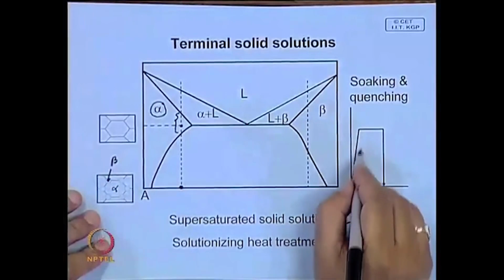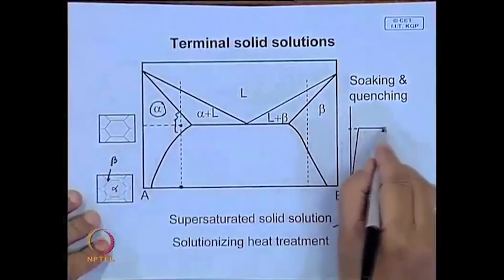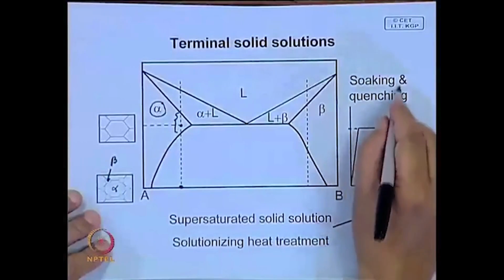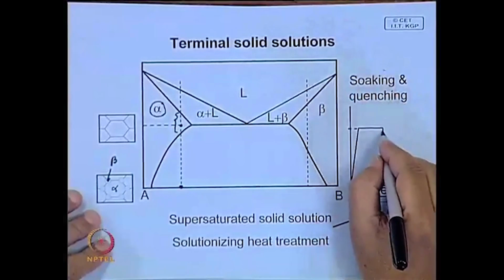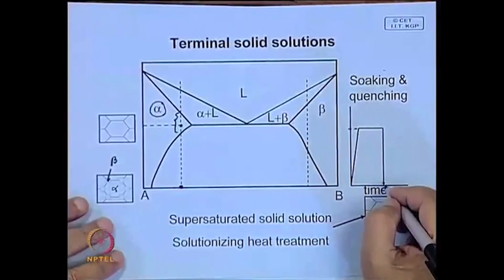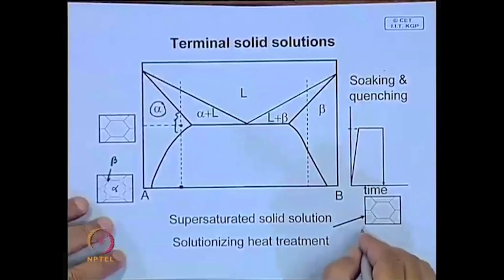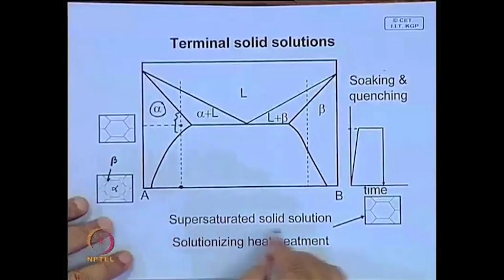That means you heat it here, soak it for some amount of time, and then quench in water or cool very rapidly. Then there is every likelihood that you will get a supersaturated solid solution.